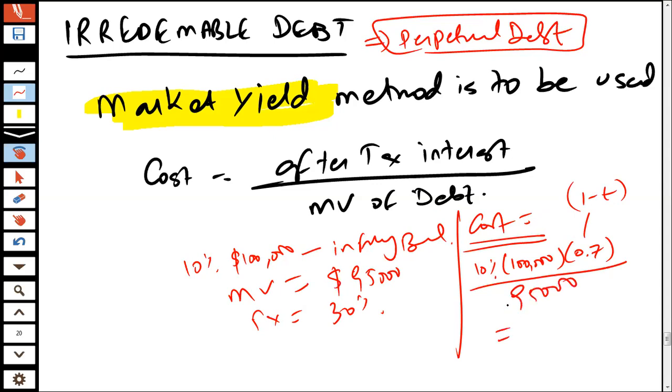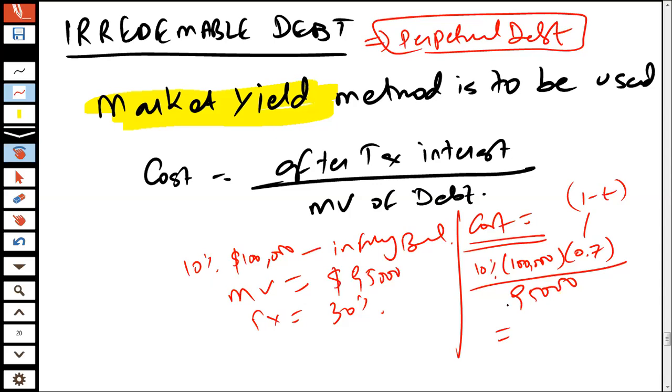So you end up getting the cost, which is 100,000 into 0.7 into 10% divided by 95,000.